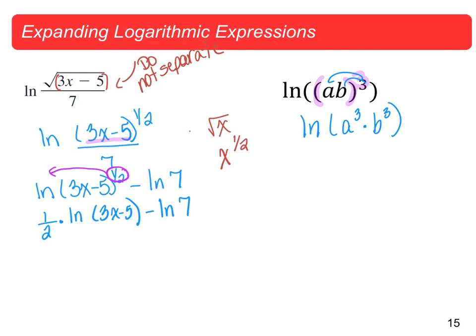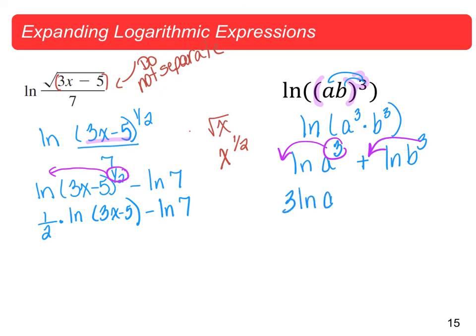Now that I've dealt with those exponents, I can deal with my natural log. So I've got the natural log of a to the 3rd plus the natural log of b to the 3rd. Now I'm going to take this 3 and move it to the front on both of them. So I have 3 times the natural log of a plus 3 times the natural log of b.